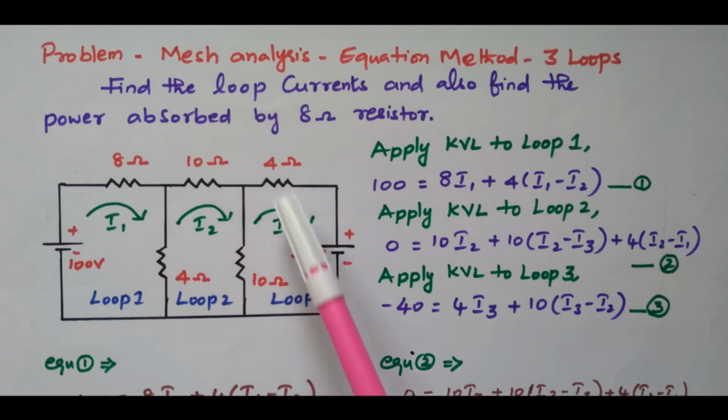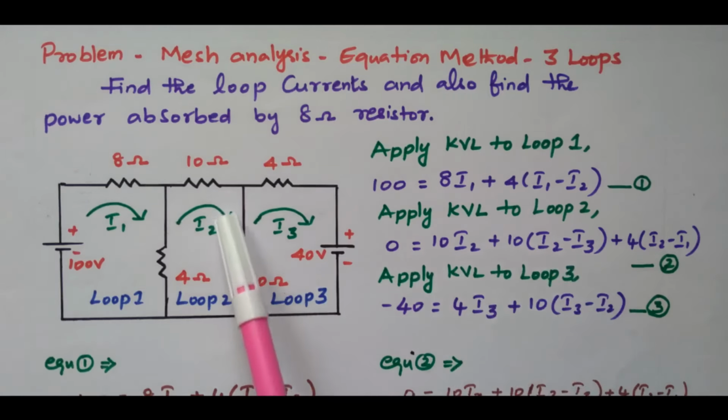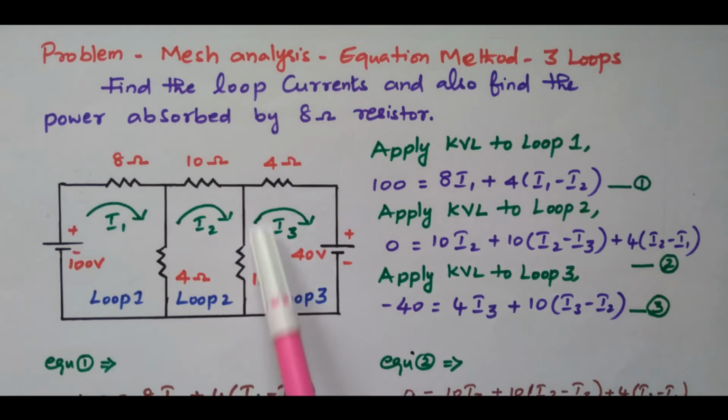Then what are the resistors available? This 4 ohm and 10 ohm. In the 4 ohm only I3 is flowing, so 4 into I3. In this 10 ohm, we already discussed that I2 and I3 are flowing. I2 is flowing downwards, I3 is flowing upwards. Both are in opposite directions, so the difference between these two currents will be flowing through the 10 ohm.